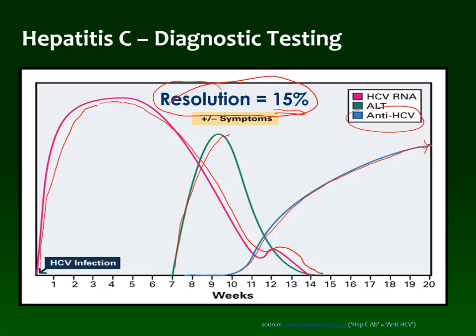But you will see later on in the chronic hepatitis C figure that this is really not a protective antibody. The marker of resolution for hepatitis C is really your HCV RNA. If your HCV RNA is negative, then the patient has resolved their hepatitis C.